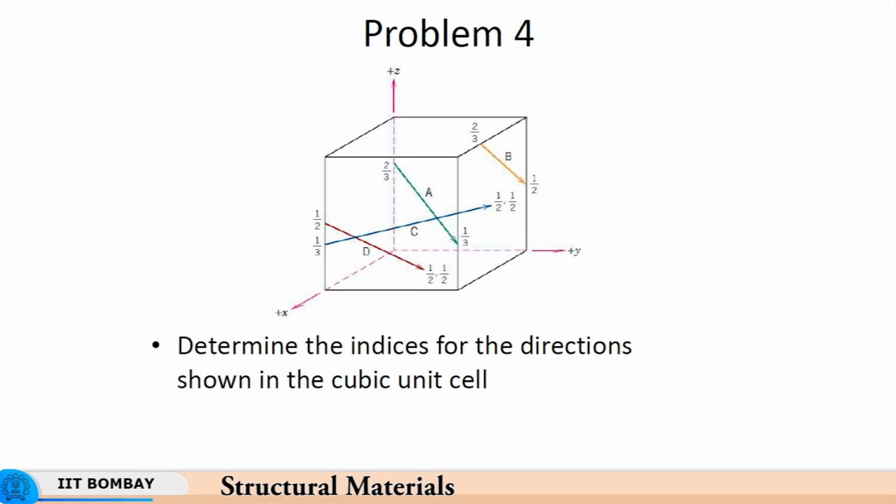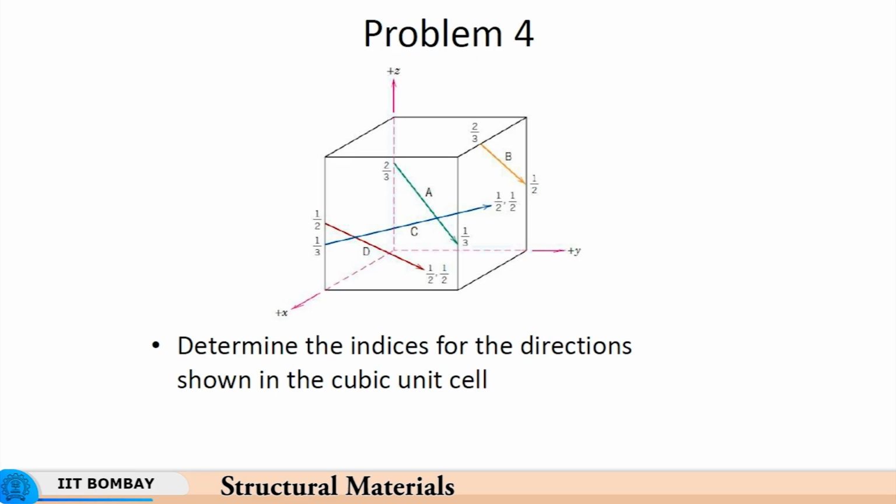So, x head minus x tail will give you the x index of the direction. So, y head minus y tail will give you the y index of the direction.